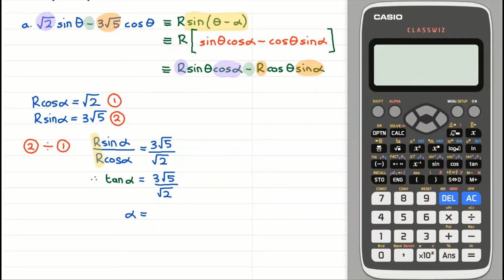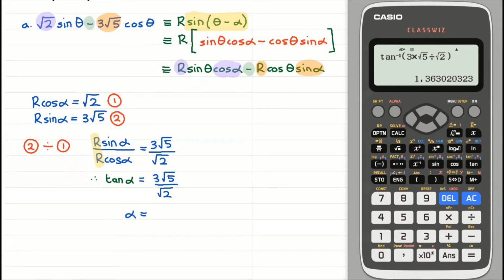So I think I'll have to go back to the menu. Option 1. Yes, I'm in radians there. Okay, so we just have to do the inverse tan of 3 multiplied by the square root of 5. Just come out of that, and we can divide that by the square root of 2. Doesn't matter how you do it, of course. And let's see what we get. Okay, so we have to write this to 4 decimal places.